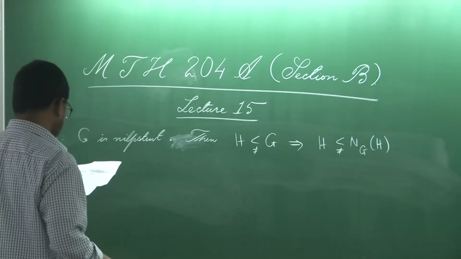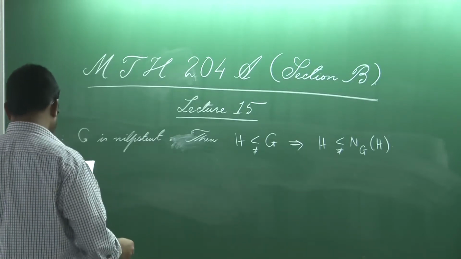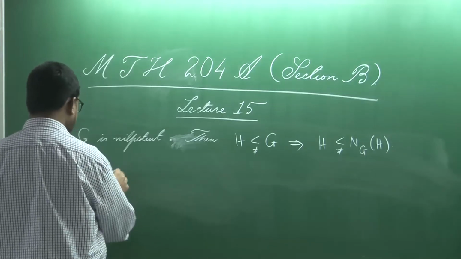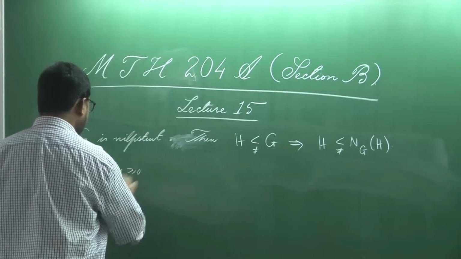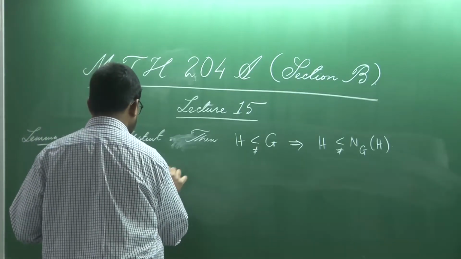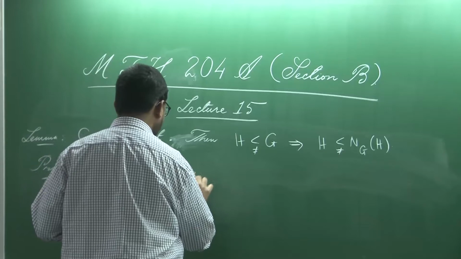So it is a proper subgroup of G, therefore let n be the largest index.